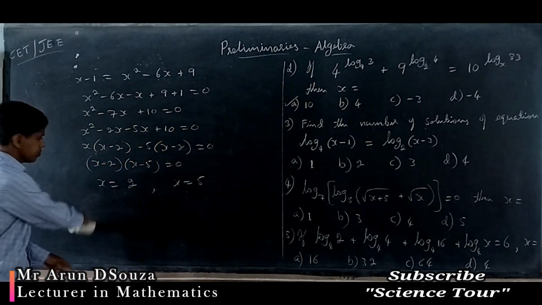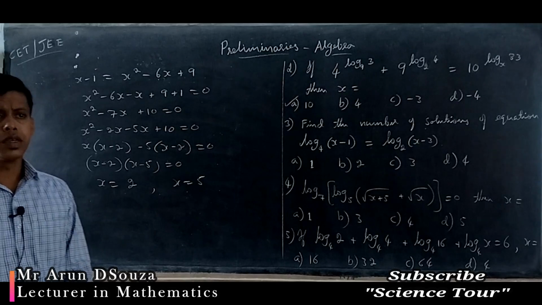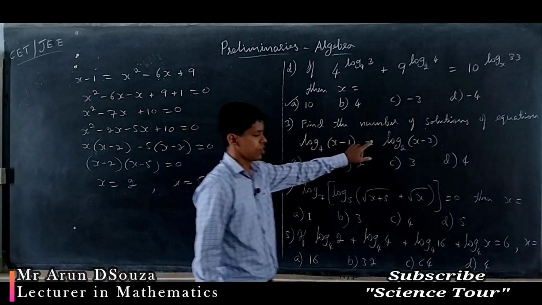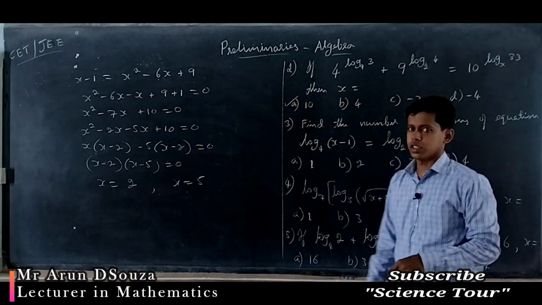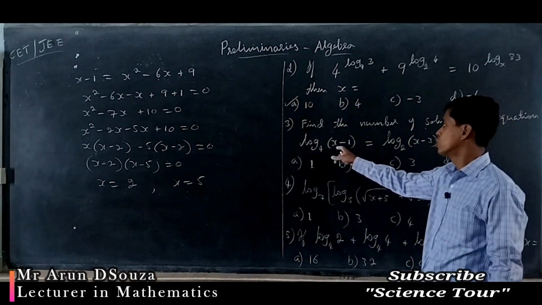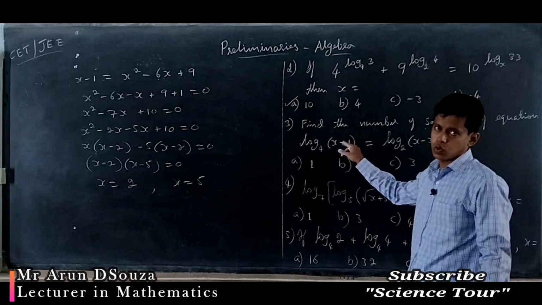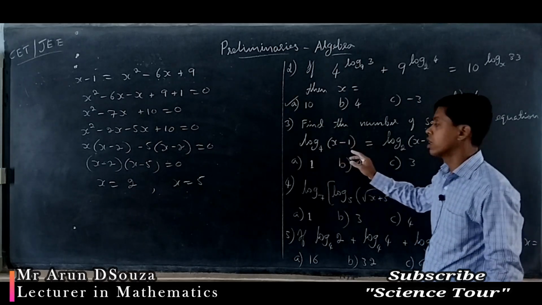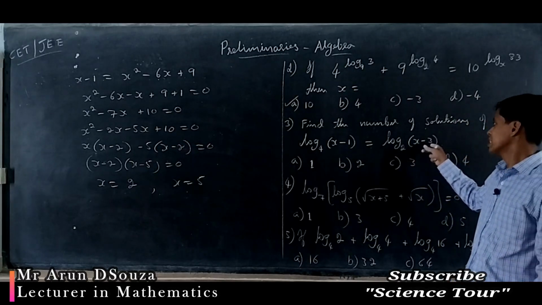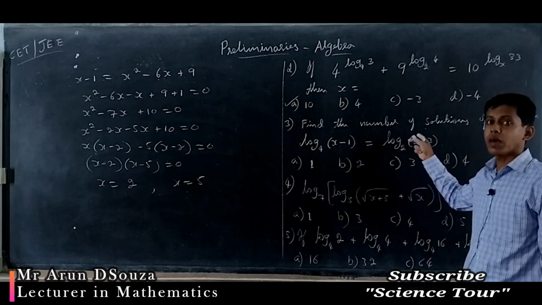Well, now the job is whether both these solutions satisfy the equation. So how do you check that? You substitute here. You put 2. So that will be 2 minus 1, which is 1, positive. No problem. But when you come here, this will be 2 minus 3, and you will get log of minus 1.